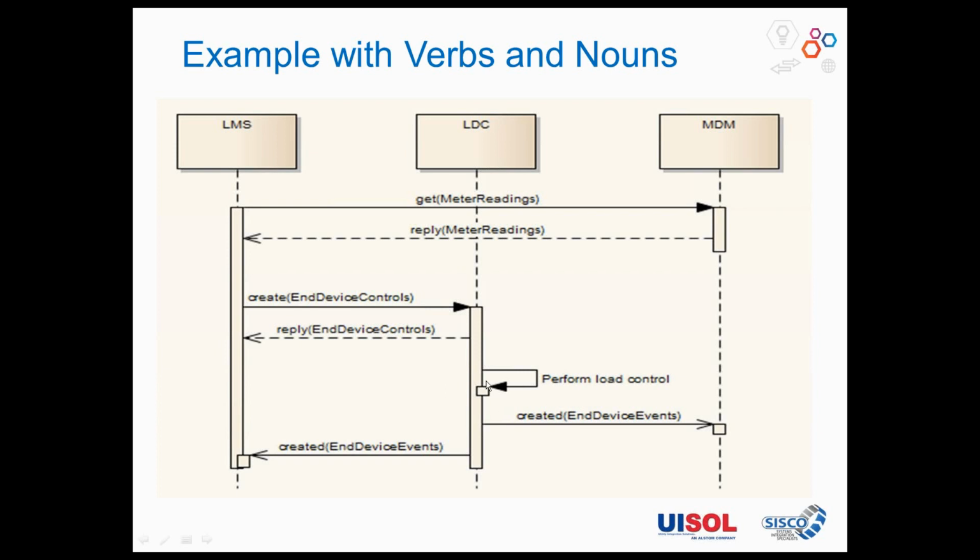It then performs the load control, and it will send an event out to the meter data management and the load management system that it has now executed that event. So this control comes in, this reply says, I got the request, and now I'm going to actually implement that request, or I've done it. Now I'm sending out the event that says I've done it.